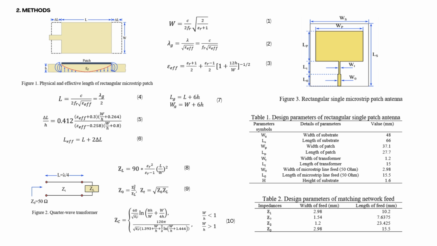The effective dielectric constant considers how the substrate material and the geometry of the patch affect the electrical characteristics of the antenna. In order to calculate it, we use an empirical equation 3, where h is the substrate material height, and the length of the patch is given by formula 4.